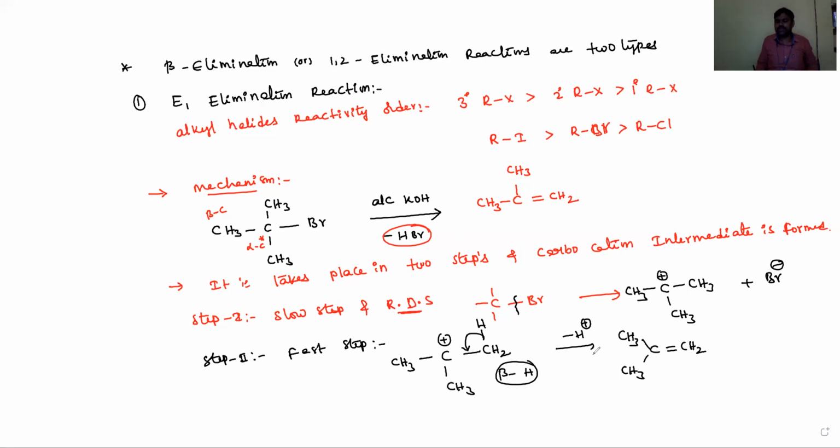So this is one important preparation method. When tertiary alkyl halides are treated with alcoholic KOH to produce alkenes, that reaction is known as an E1 elimination reaction. The E1 elimination reaction means a unimolecular elimination reaction. These reactions take place in two steps. In the first step, a carbocation intermediate is formed, and the second step is the fast step, loss of H plus ion, to produce alkenes as the major products.